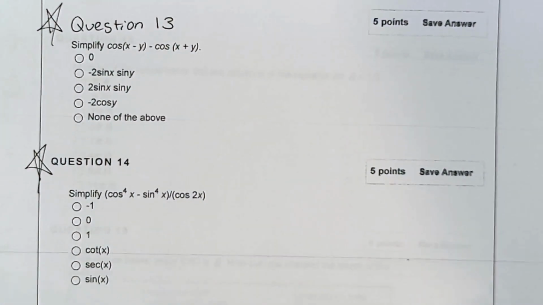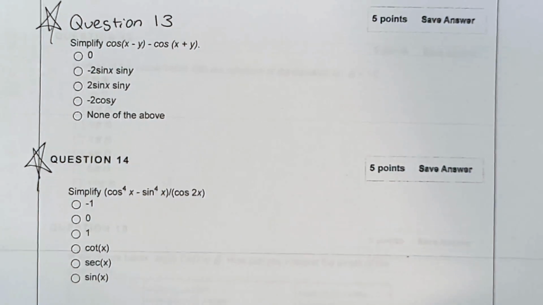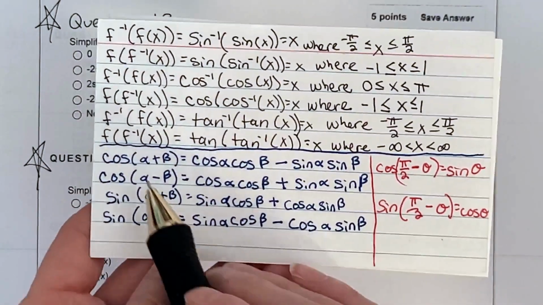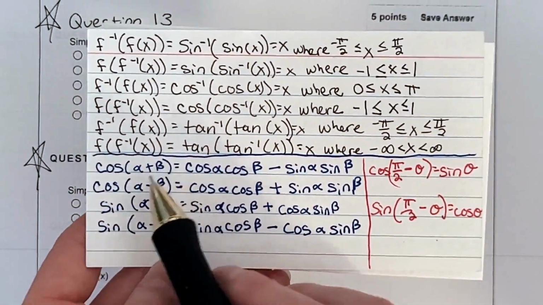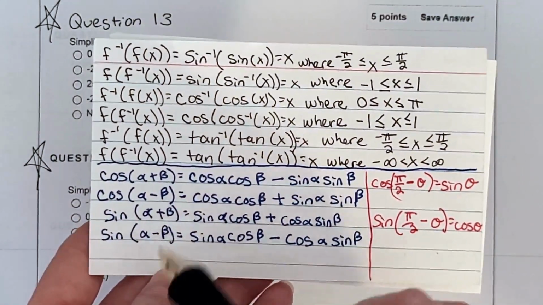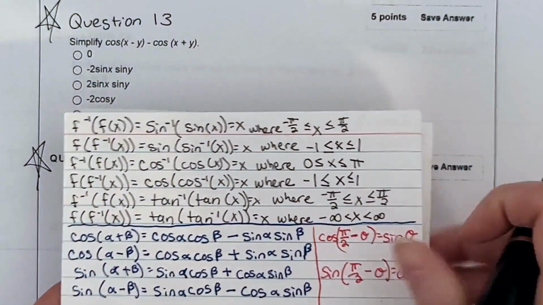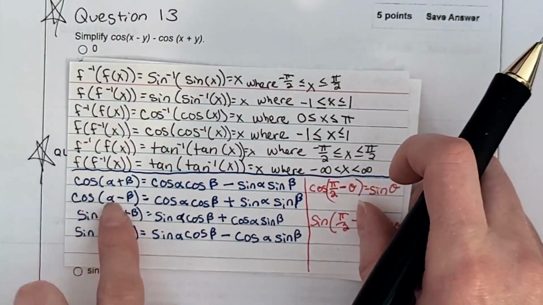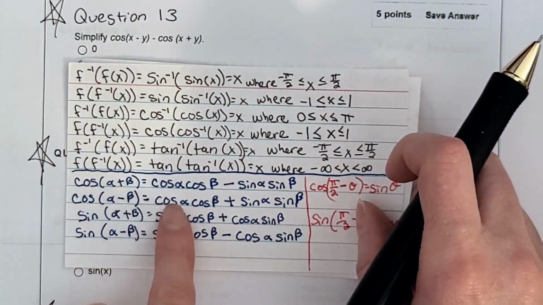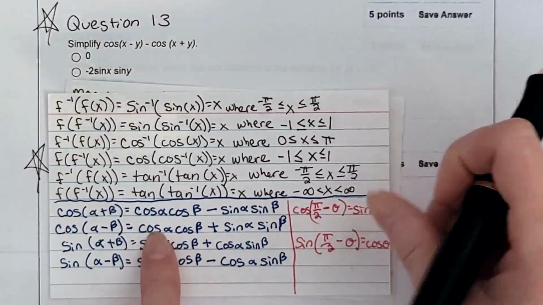Question 13, simplify cos of (x minus y) minus cos of (y plus x). All right, so this is making sure that you know your cos alpha plus beta and your sine alpha plus beta, the positives and the minus rules. So if I look at cos alpha minus beta, they're using x and y instead.